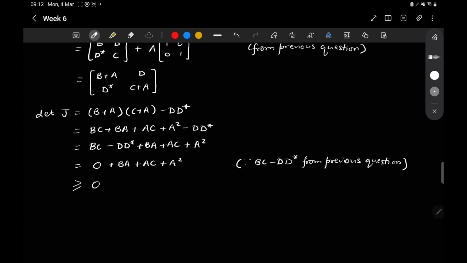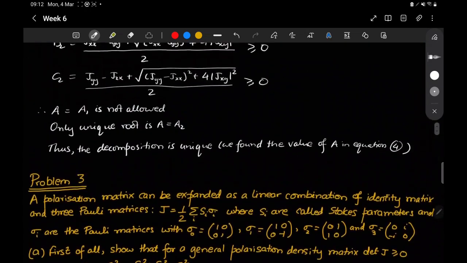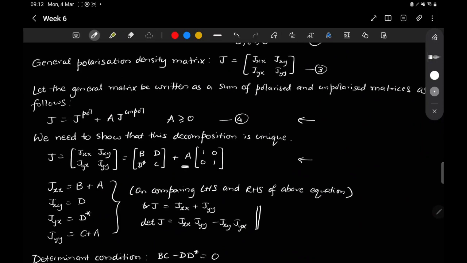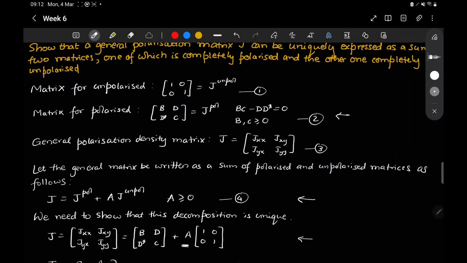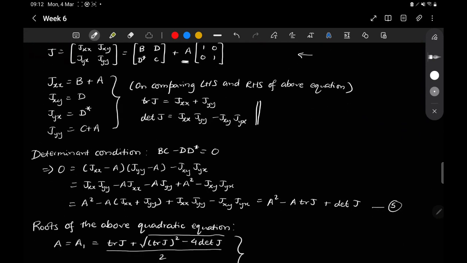Now this is positive because A, B and C all are positive. That's because we saw previously B and C are positive, A is also positive.